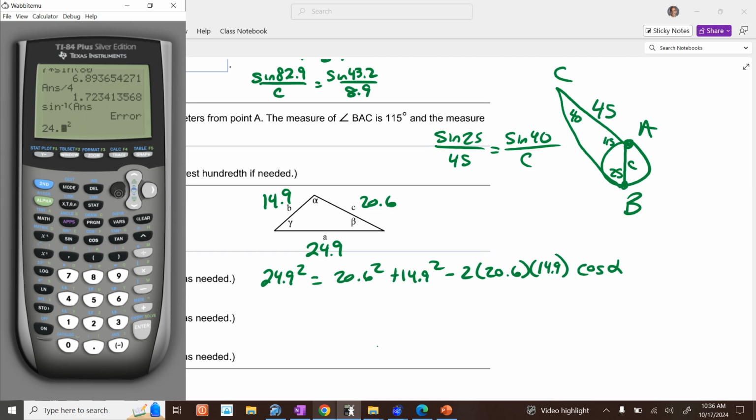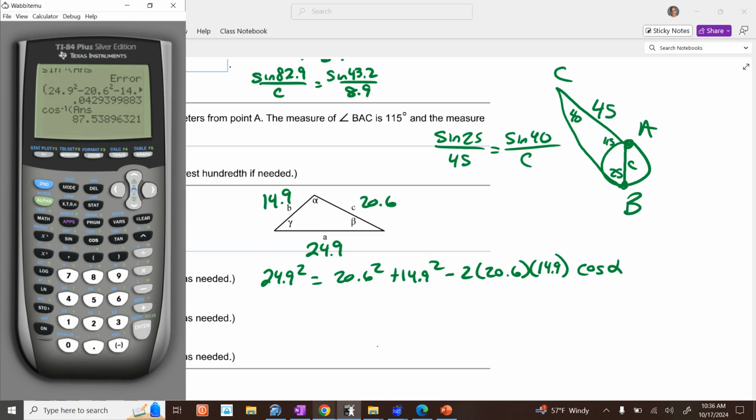I need parentheses in front of that. 24.9 squared minus 20.6 squared minus 14.9 squared, parentheses, divided by parentheses, negative 2 times 20.6 times 14.9, parentheses, equals, second cosine, second answer.